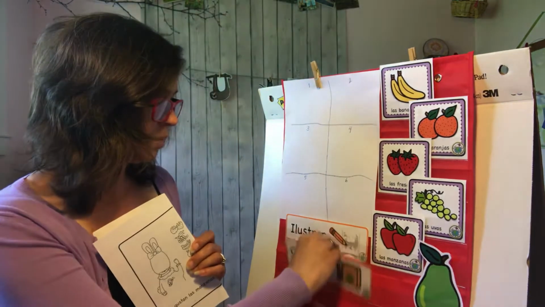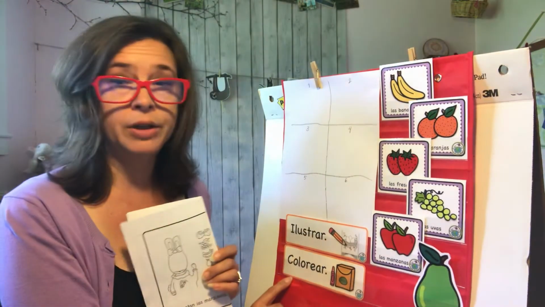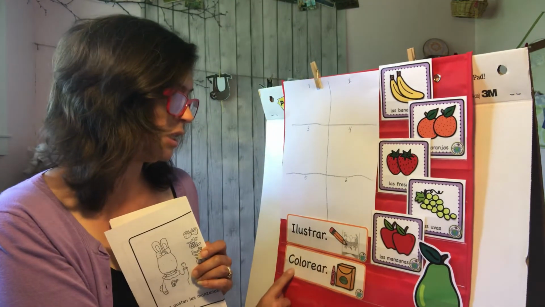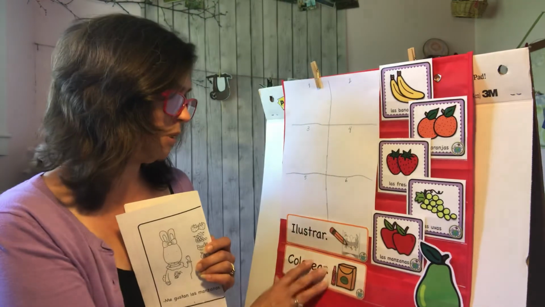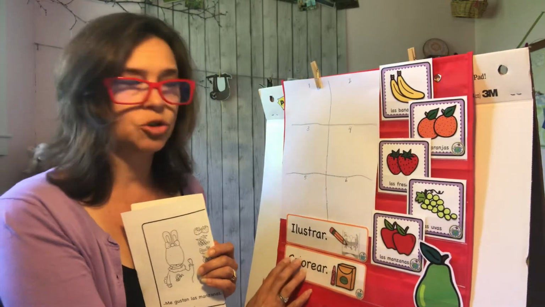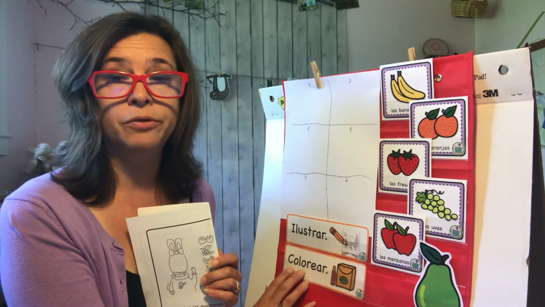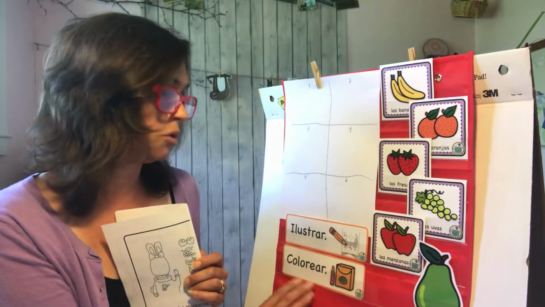So in this instance, we're going to be illustrating and coloring. I use the infinitive because I typically say vamos a. But the illustrated instruction cards come with command forms in the singular and plural if you wanted to use those instead.